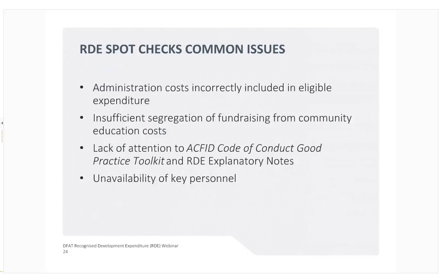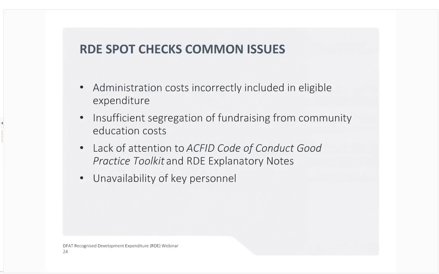What we do sometimes find when we're having a bit of a look is we're always wanting to see that amounts that you're putting into the different expenditure categories in your audited financial statements are in accordance with the ACFID Code of Conduct definitions for different income statement items.